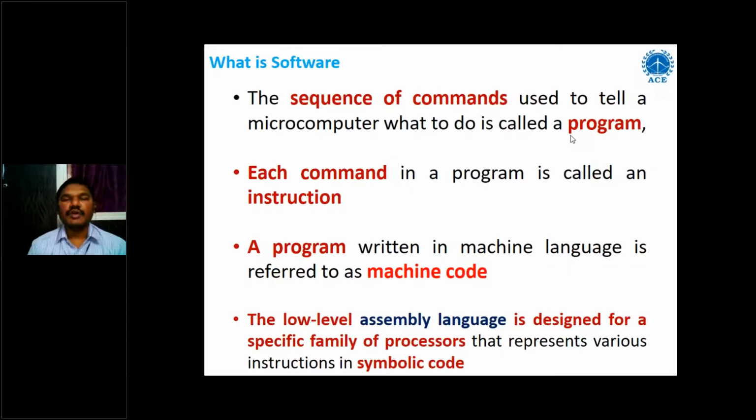These are all called commands. And these commands were basically written in terms of machine code in the beginning of computers, from the day of the invention of computers, because a computer is a digital device that can understand only machine level language.